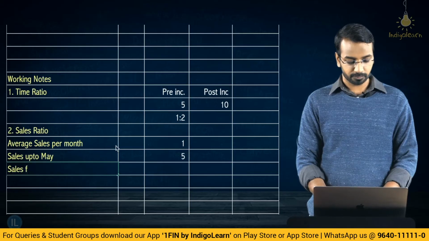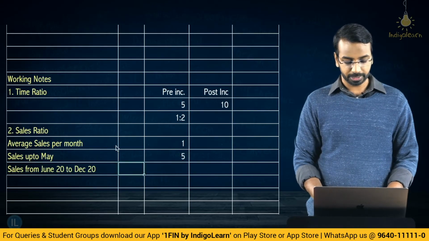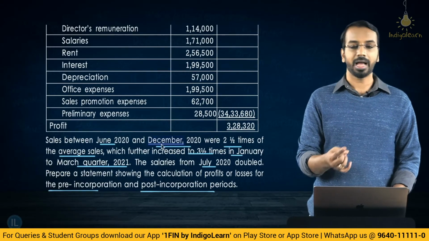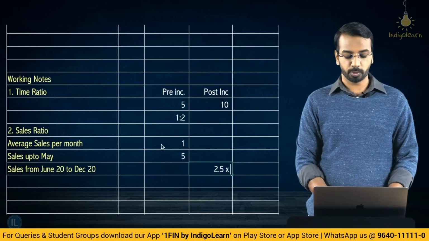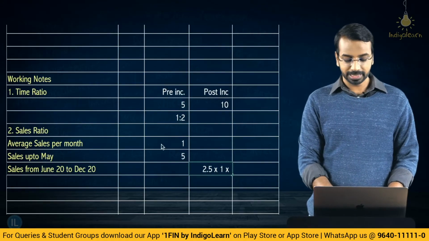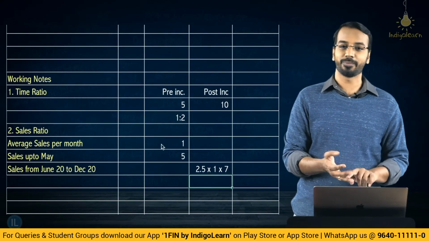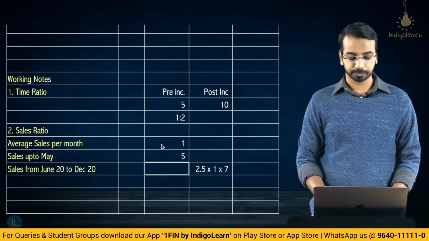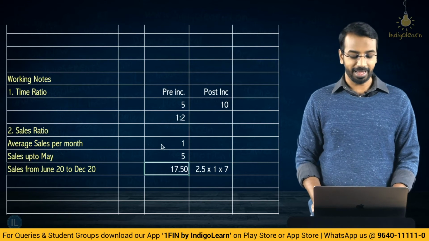Then, sales from June 20 to December 20 were 2.5 times the average sales. So, 2.5 multiplied by 1 multiplied by 7. Why 7? From June, July, August, September, October, November, December, right. For 7 months, 2.5 times, so 7 multiplied by 2.5 is 17.5.